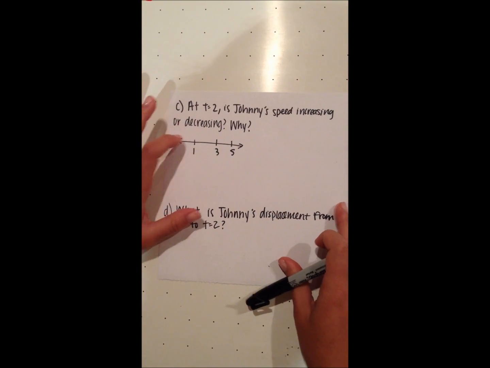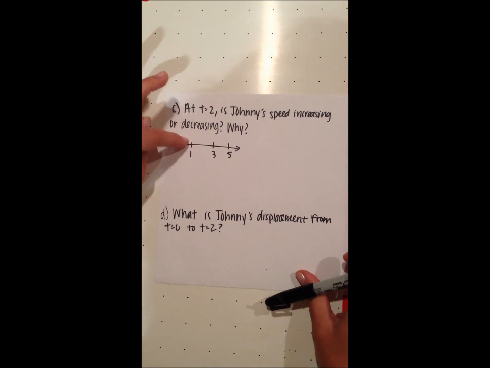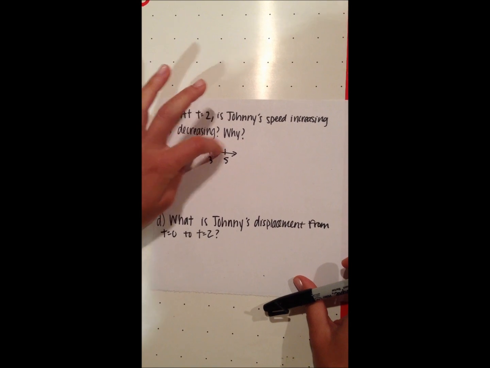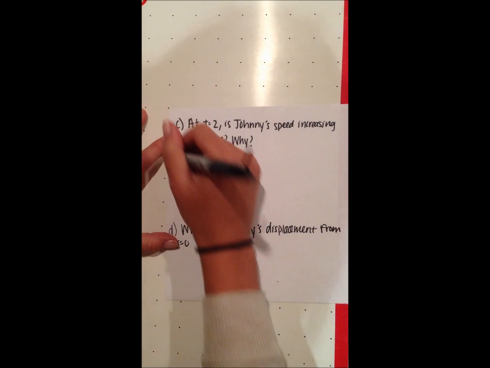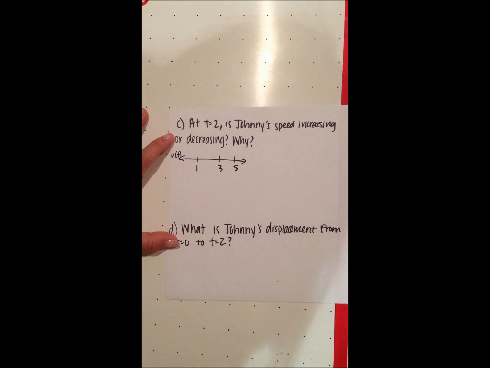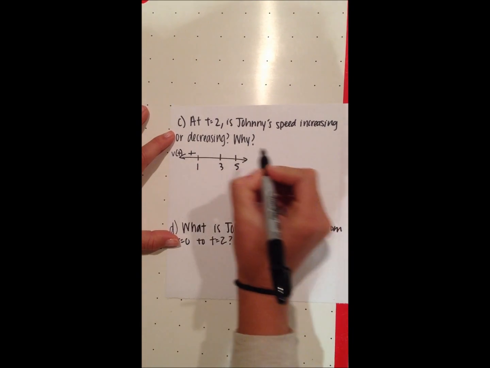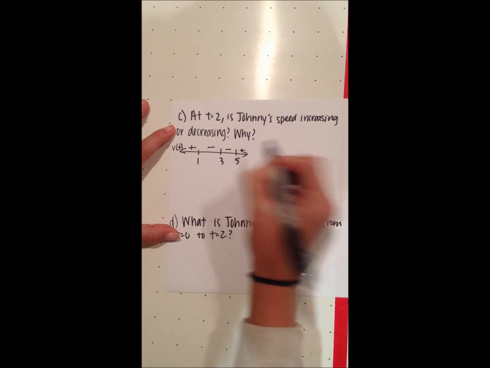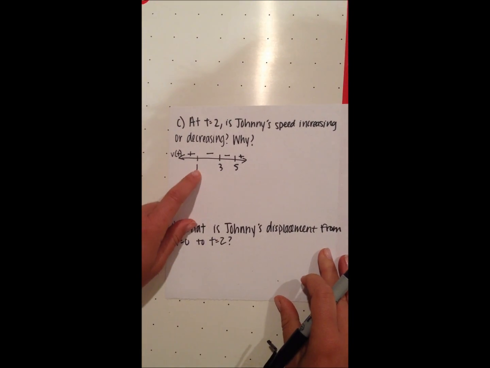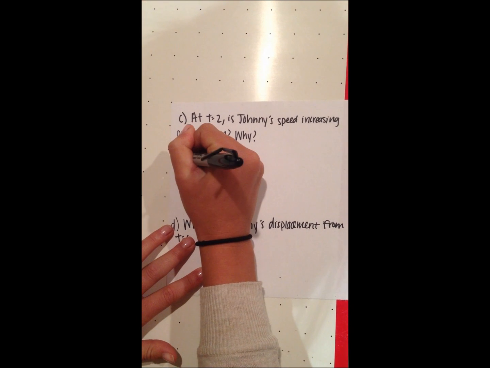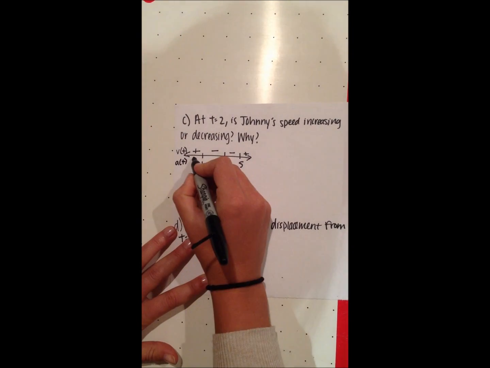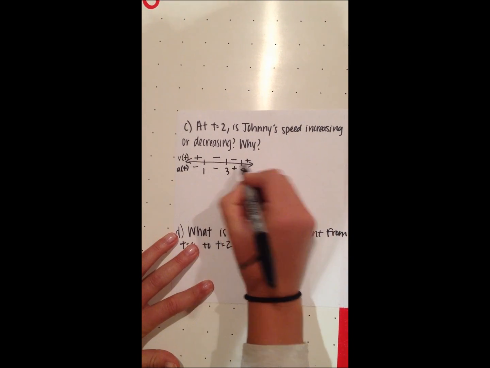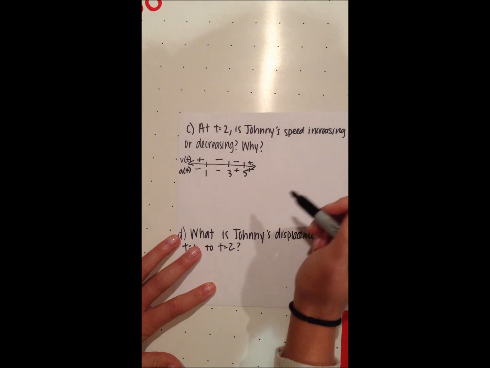Then we plug in numbers beneath these, so 0, 2, 4, and 6, into the velocity equation. You will get a positive value, a negative value, a negative value, and a positive value. Then we plug these numbers into the acceleration equation and get a negative value, a negative value, a positive value, and a positive value.